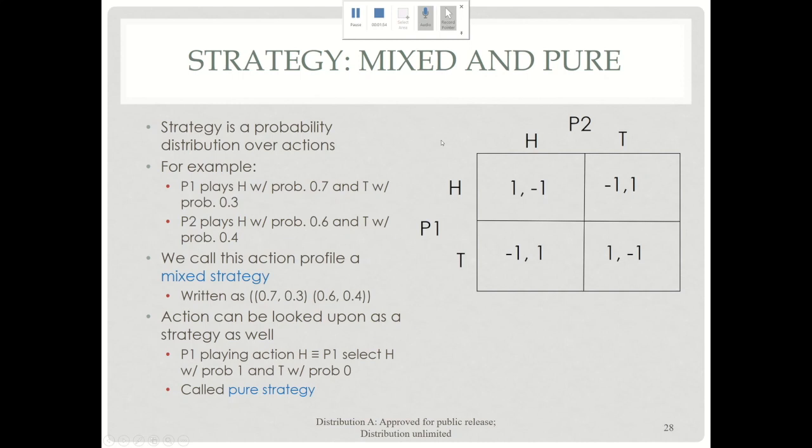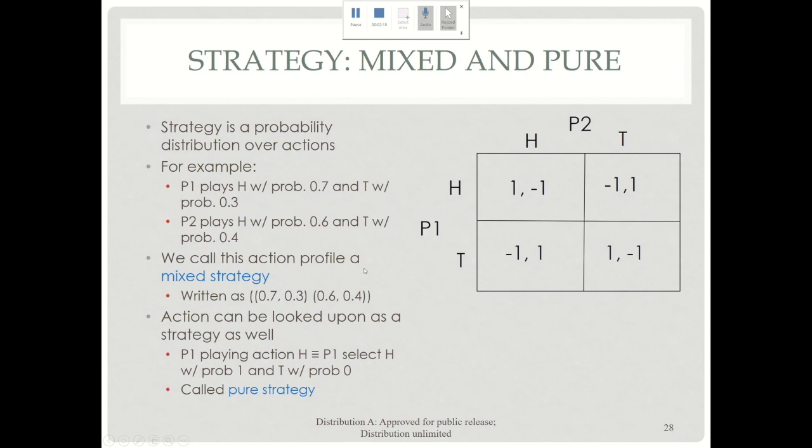For example, if you look at the matching pennies game again, and let's say P1 plays H with probability 70% and T with probability 30%. And let's say P2 plays H with probability 60% and T with probability 40%. So in this case, what each P1 and P2 are doing is they are defining a probability distribution over their actions.